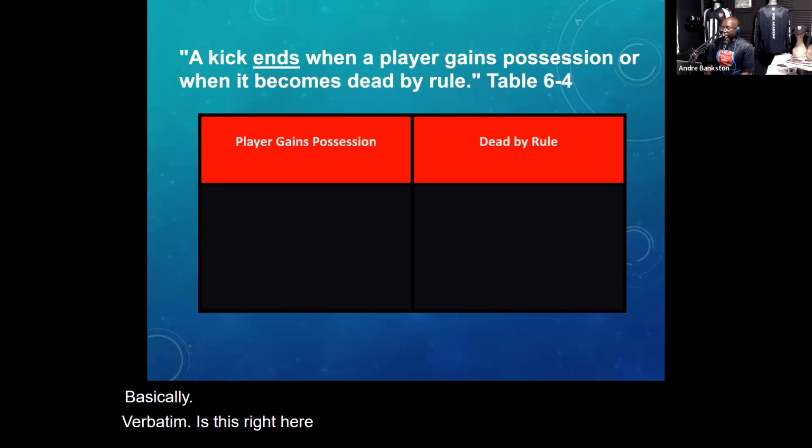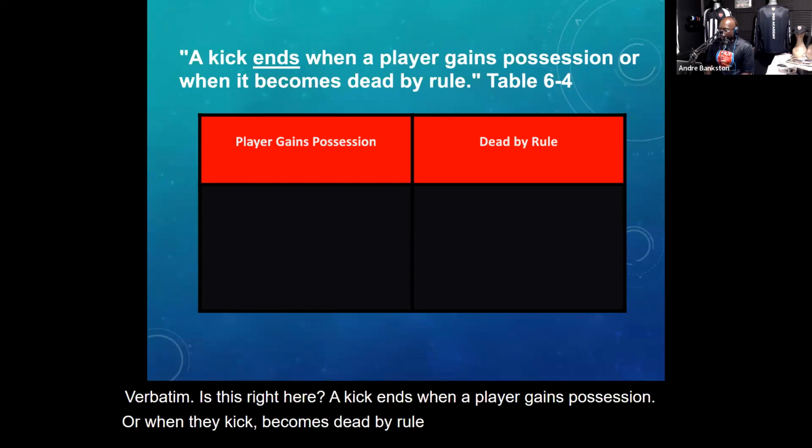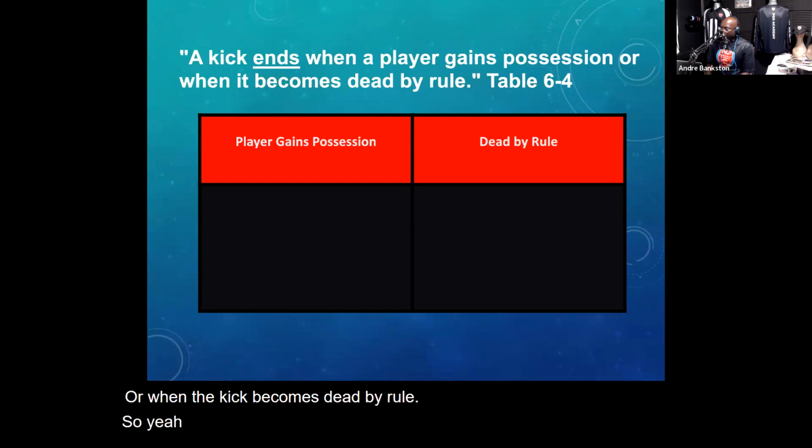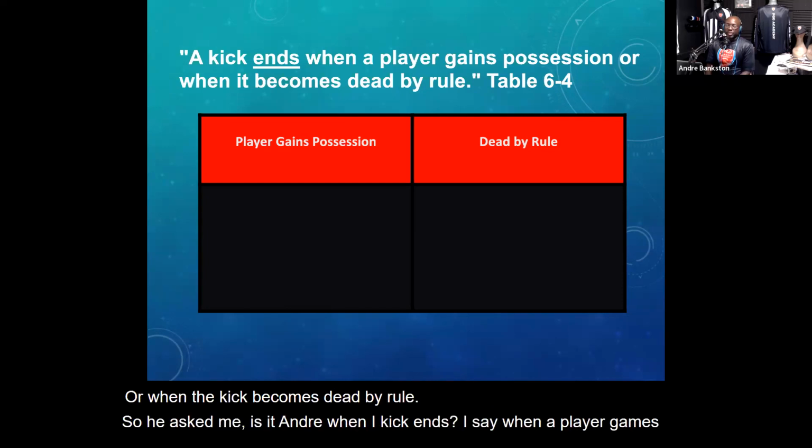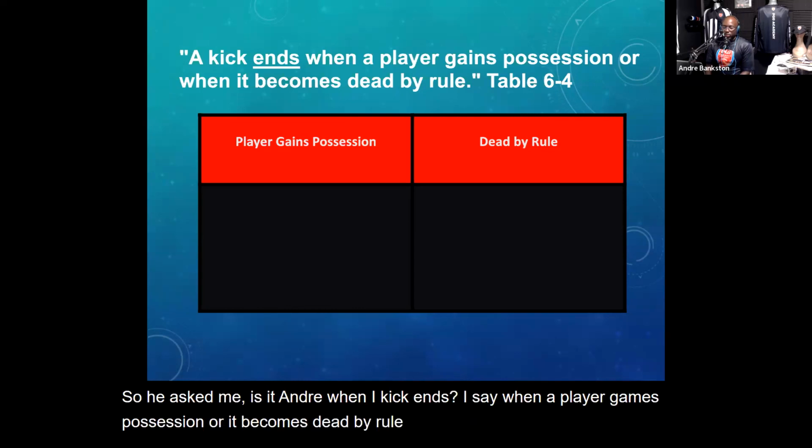A kick ends when a player gains possession or when the kick becomes dead by rule. So he asked me, he said, Andre, when does a kick end? I say when a player gains possession or it becomes dead by rule. All right.